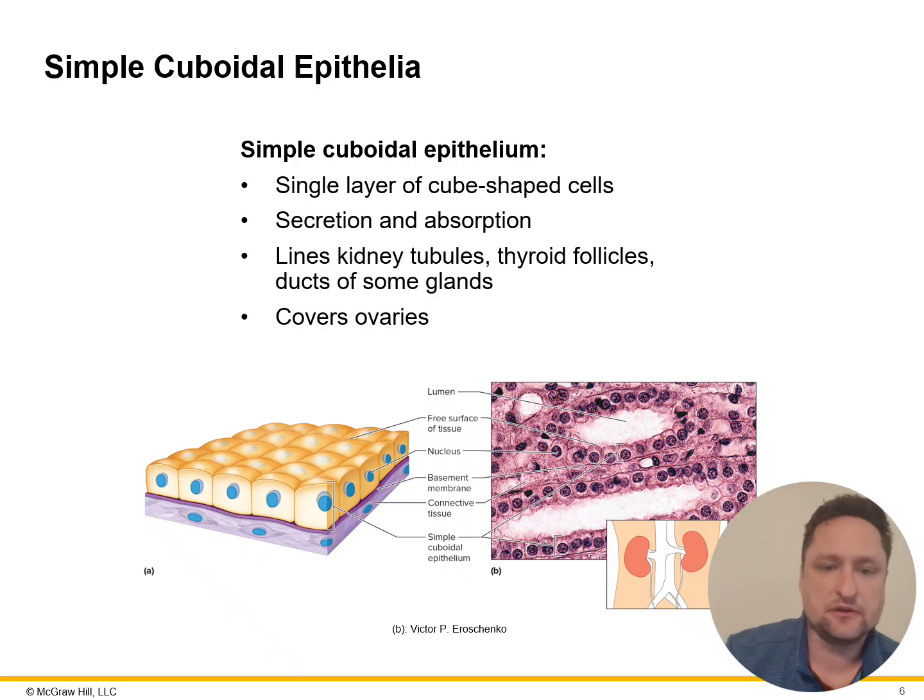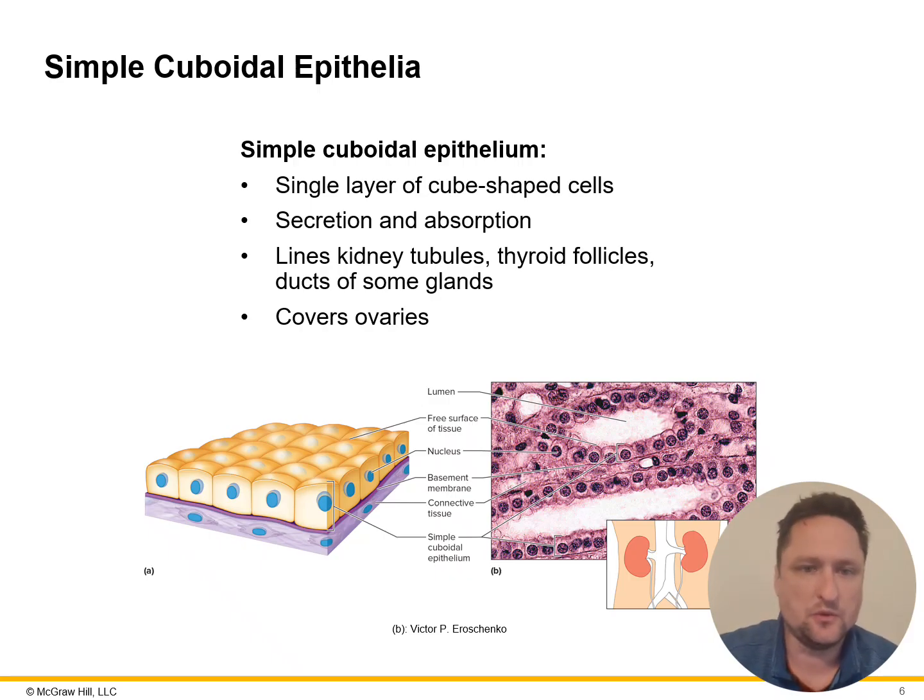Okay, simple cuboidal epithelium. So this consists of cube-shaped cells, just like they're in the picture, with a centrally located nucleus. So this is primarily involved in secretion and absorption. These can be found in the kidneys, where it functions in filtering and absorbing substances.